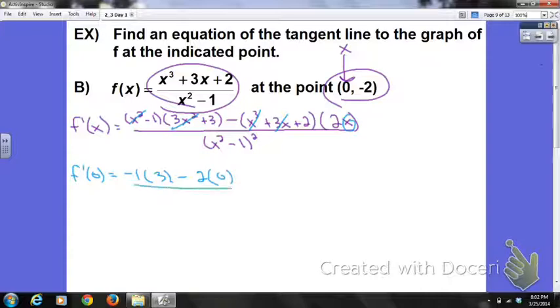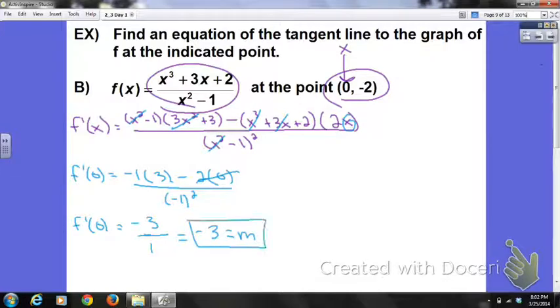All over my denominator, 0 squared is 0, so I have negative 1 quantity squared. As I clean this up, f prime of 0 is equal to negative 3 minus 0, which is negative 3, over positive 1. So our slope is equal to negative 3.